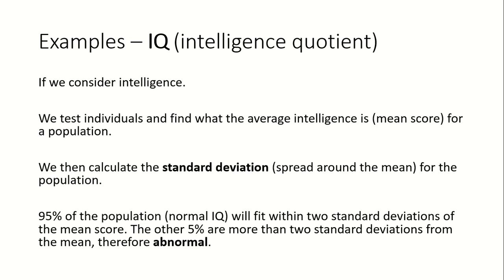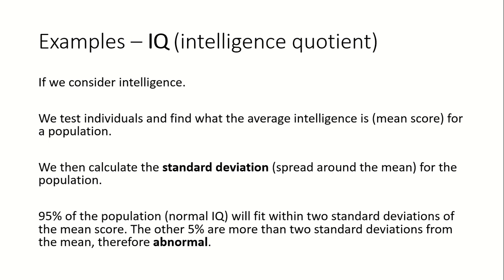Now, just to explain that in a little bit of context, IQ scores are relatively well known, that we can calculate a person's IQ score. Let's just imagine that we calculated everybody in the country's IQ scores. We all took the same test and we're all given an individual score that generally ranges between about 65 to 145. We could then use all of those individual participant IQ scores to calculate a mean score for the population, so an average IQ score for Great Britain.